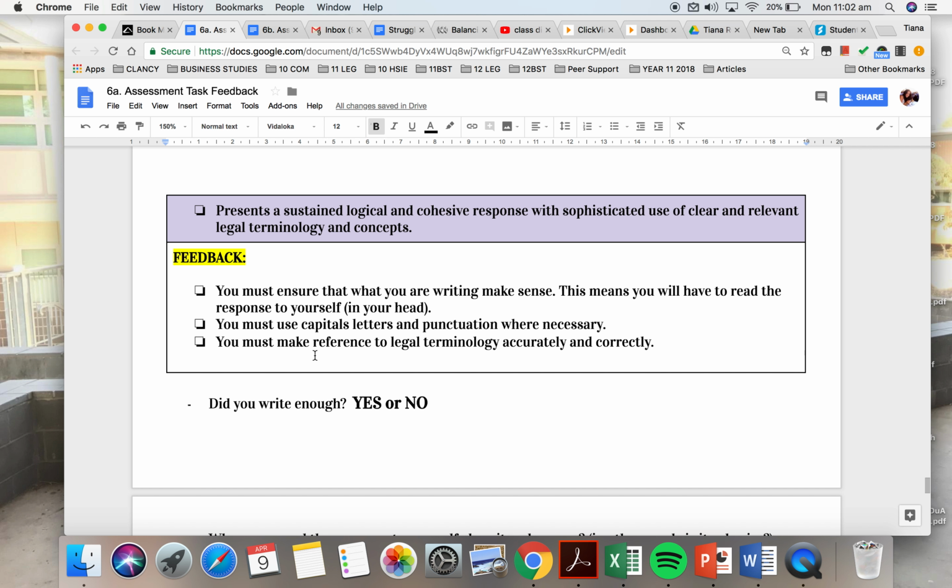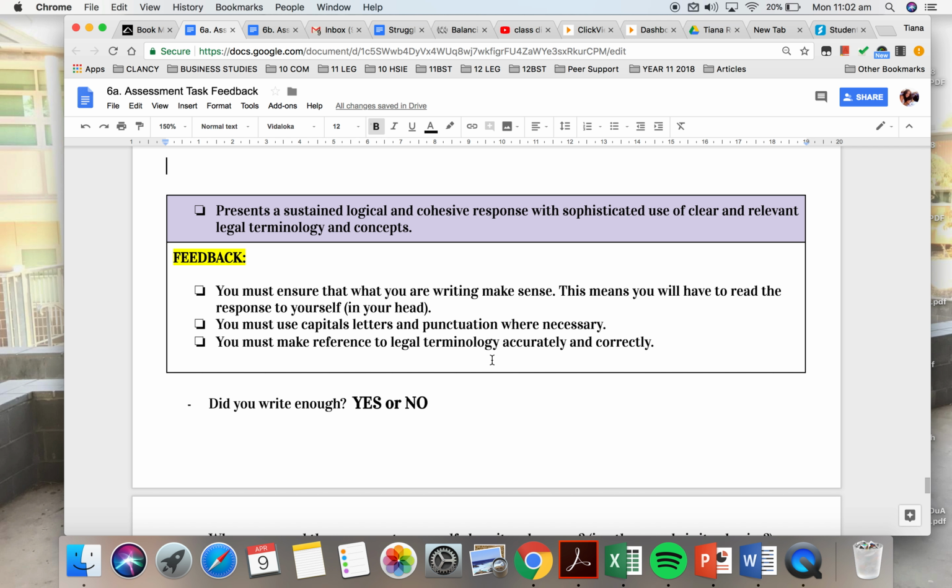You need to also make reference to legal terminology accurately and correctly. So, we only refer to same-sex couples as same-sex couples. Okay, we don't use the term gay or homosexual. It is just referring to same-sex couples. They are the only ones that are impacted in the Marriage Act, the change to the Marriage Act.